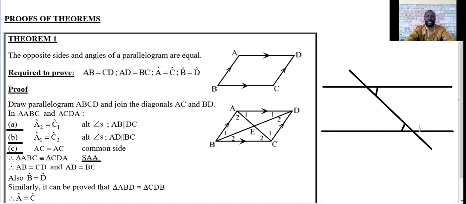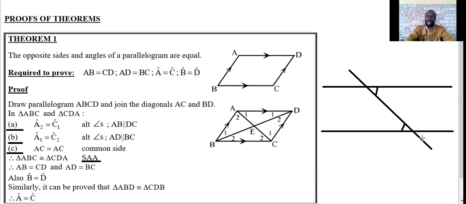Well, it turns out that these two angles are also alternate angles. Then the third thing you want to look at is the common side, which in this case is side AC. They are equal to each other. The AC forming the first triangle equals the AC forming the second triangle. That is because they are common sides.